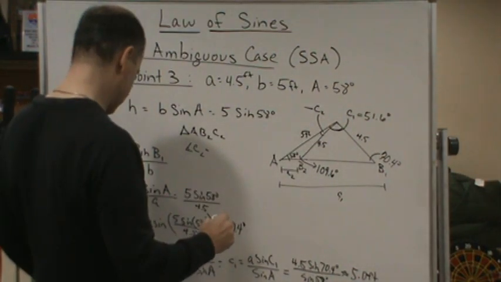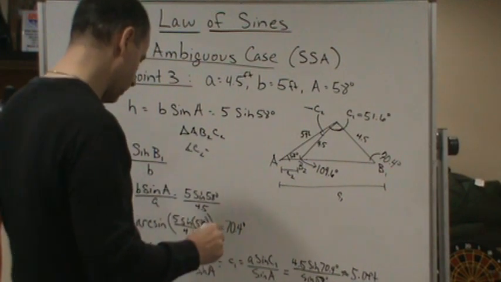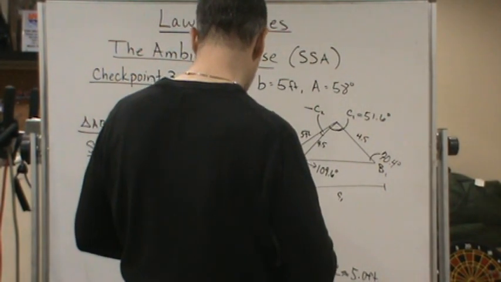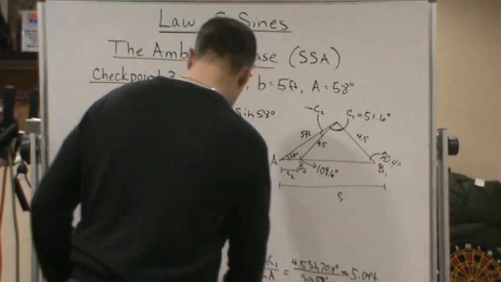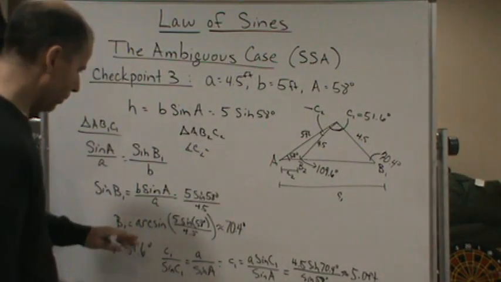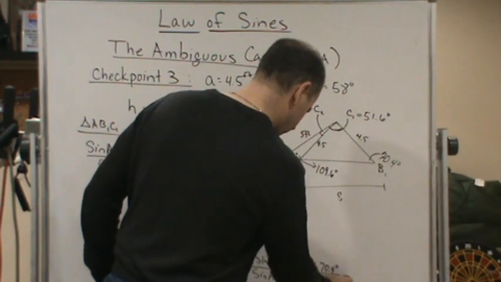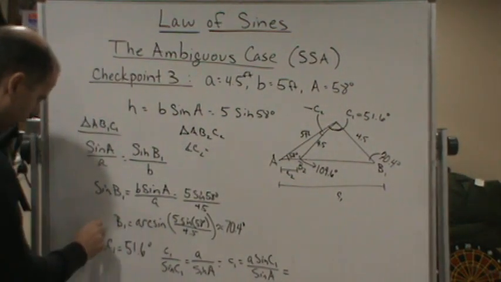C2 is, hold on a second. Oh, I screwed up. I knew something wasn't right. Oh, I put 70.4. I'm sorry. Back up. Yeah, I knew this didn't seem right because it was the same as B, 5. So hold on. C1, sorry, used the wrong angle.